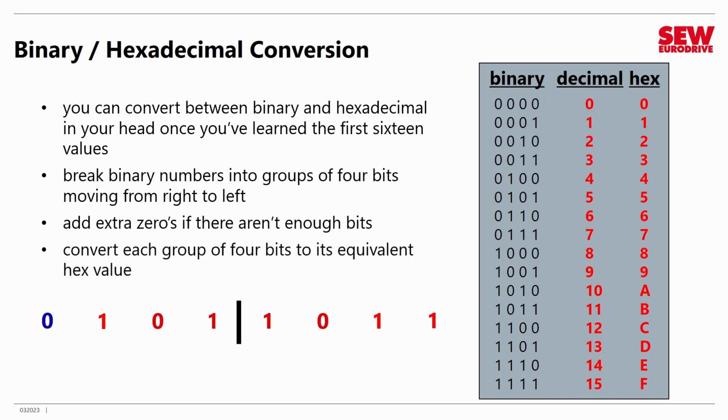Okay, we start with the bottom 4 bits, 1011, and we look at the chart and we see that those correspond to the hexadecimal number B. Then we look at 0101, find it on the chart, that's equivalent to 5. So the hexadecimal equivalent of 0101 1011 is 5B. Really simple. And once you memorize these, you can just look at the bits, write them down, you're done.